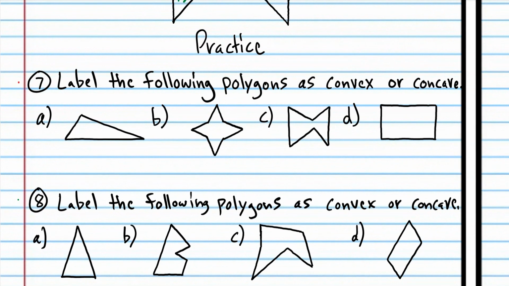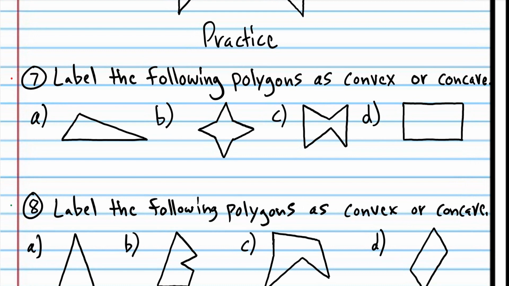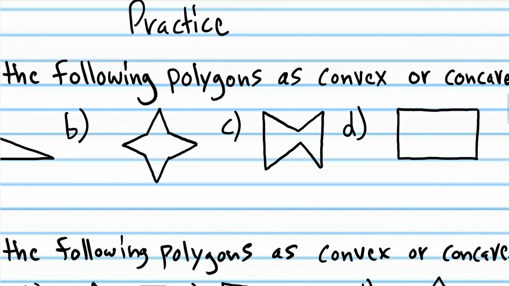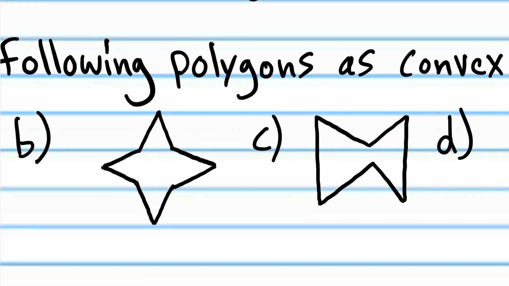It says label the following polygons as convex or concave. So it's pretty easy to see which polygons are concave and convex. These are concave because you see that the polygon is caved inwards on these parts. We can see that this angle here would have to be greater than 180.